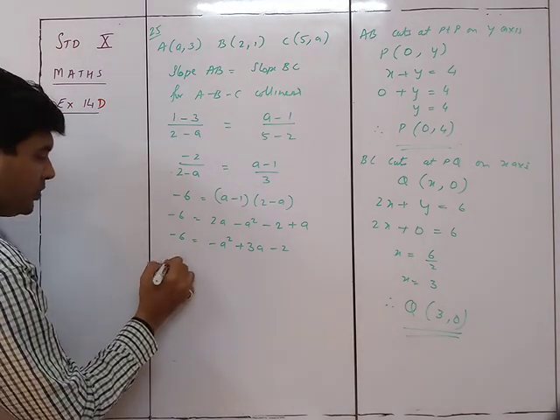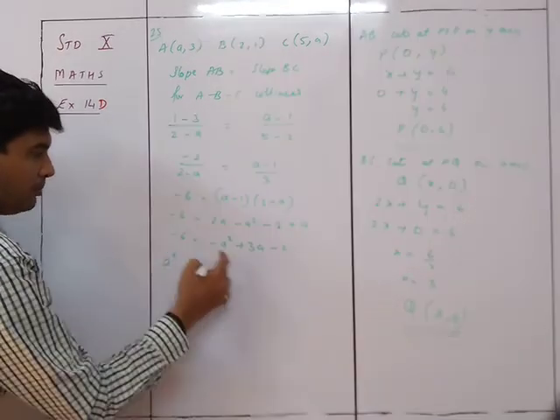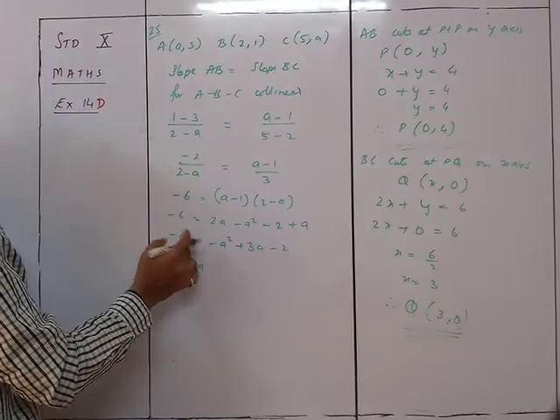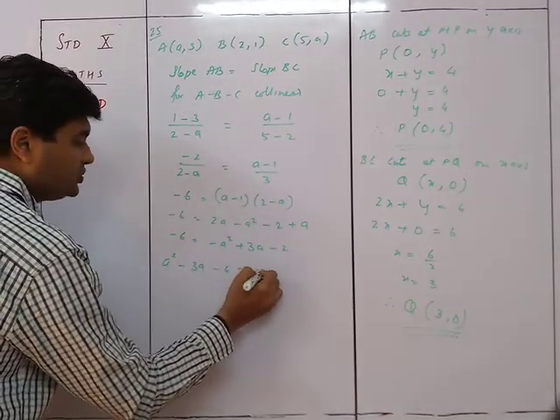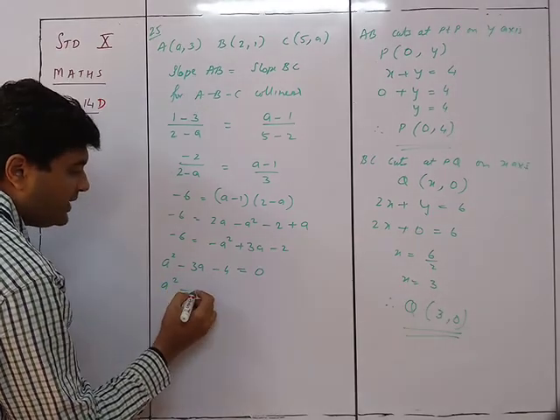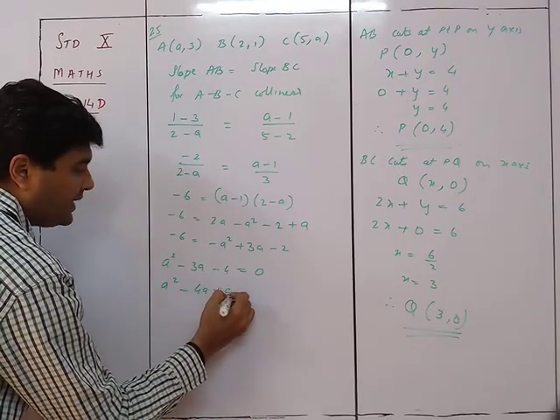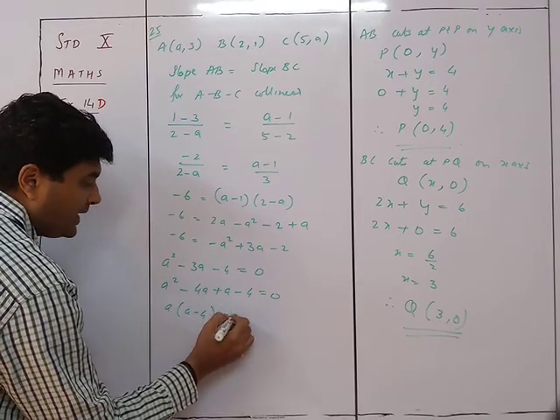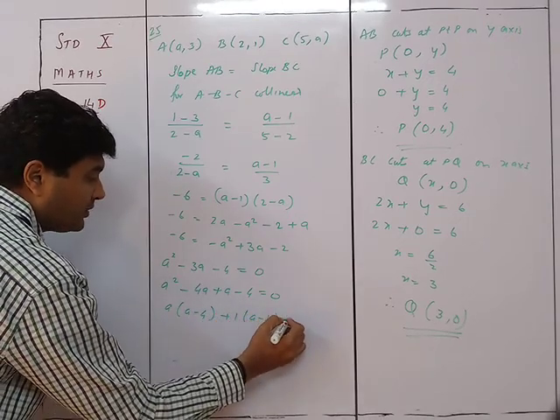So that gives me minus 6 is equal to minus a square plus 3a minus 2. Taking everything over here, it will be a square minus 3a minus 4 is equal to 0. We get a square minus 4a plus a minus 4 is equal to 0. a into (a minus 4) plus 1 into (a minus 4) is equal to 0.